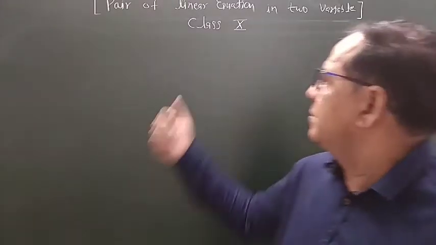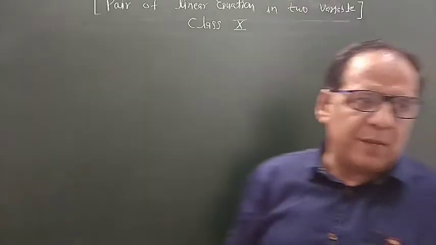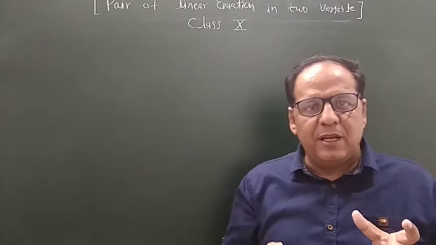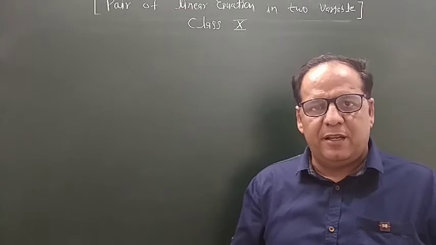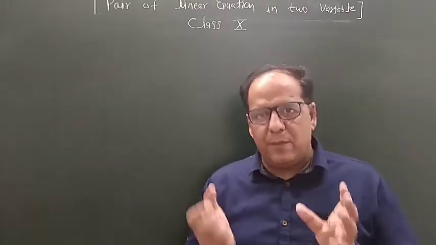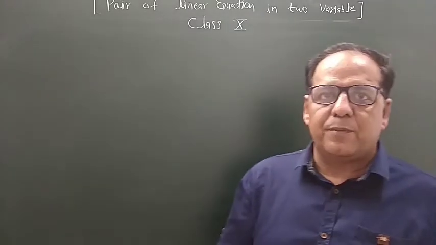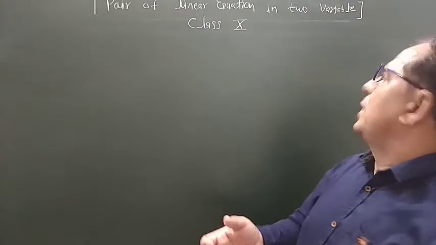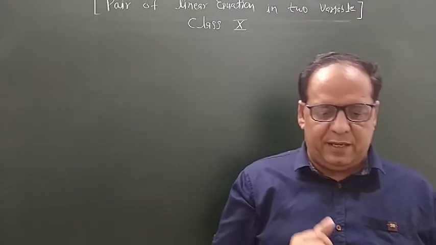We are in discussion in the chapter Pair of Linear Equations in Two Variables. In this chapter we start how we can form a linear equation in two variables from the given data, and after it we discuss how to plot the graph of a pair of linear equations in two variables, or we can say how we can solve these equations graphically.